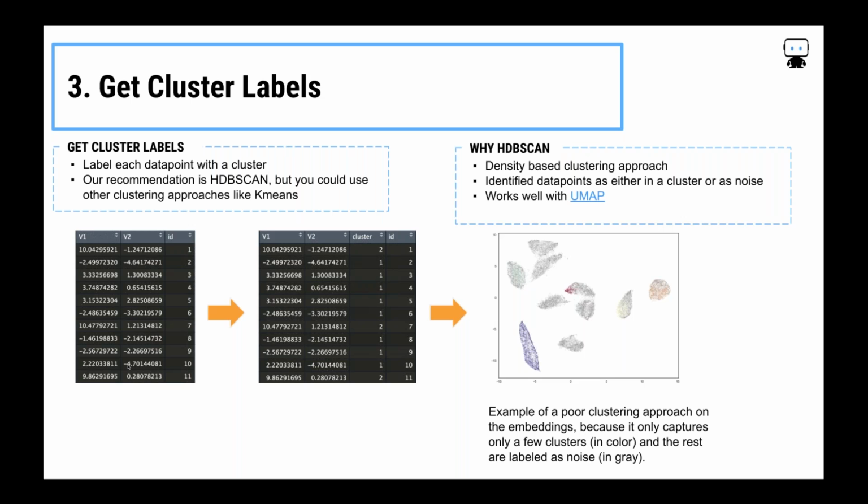Now, what you may ask is why HDBSCAN on the right? And as I mentioned before, there's lots of approaches. We've landed on HDBSCAN, and we found that it simply works particularly well with UMAP. Now, the scope of how HDBSCAN works in full detail is kind of beyond this webinar.